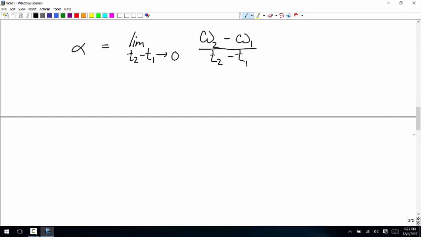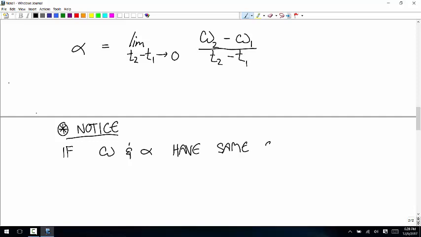And because this relationship works exactly the same way, a lot of our interpretation works out exactly the same. Like the first one is, like I said, if you have constant angular velocity, you have zero angular acceleration and vice versa. The other thing is, keep in mind, notice that if the angular velocity and the angular acceleration have the same signs, what do you think we know about the motion?